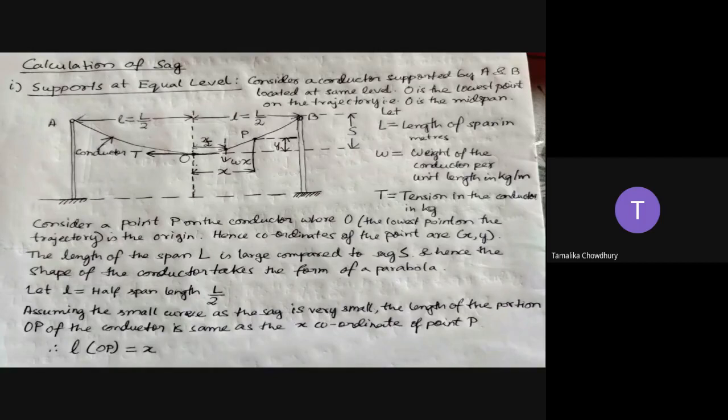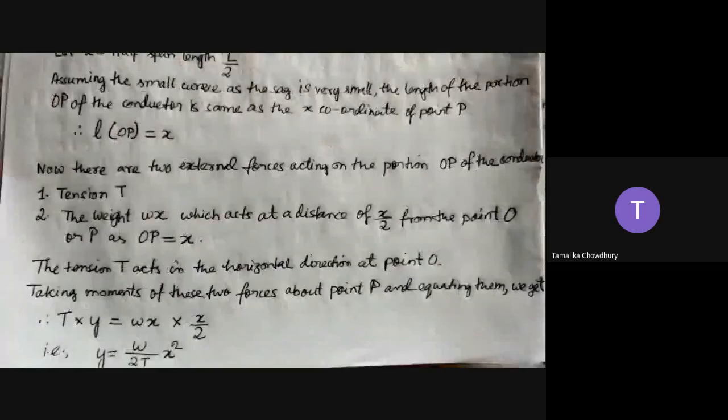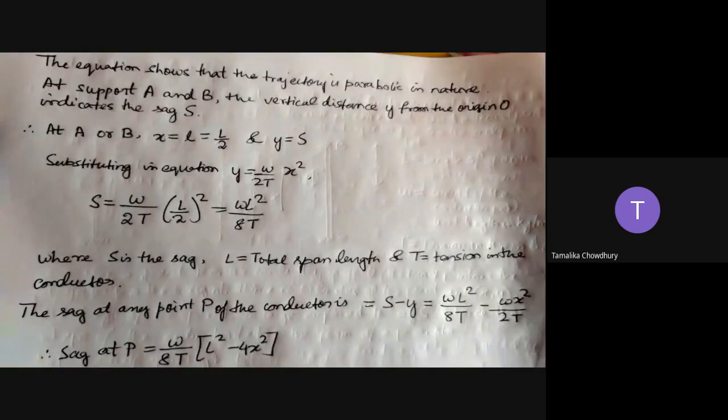Because at the point B or at the point A, our x and y coordinates change into x equals L by 2 and y equals S. So y equals Wx square by 2T. Substituting this into the sag equation, putting the value of x as L by 2, S equals W by 2T into L by 2 whole square, equals WL square by 8T.